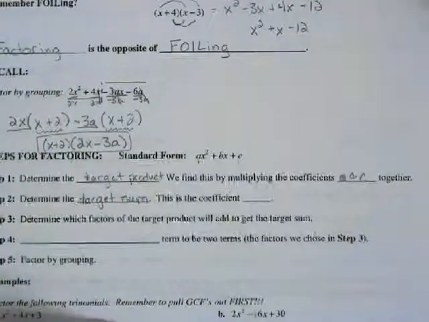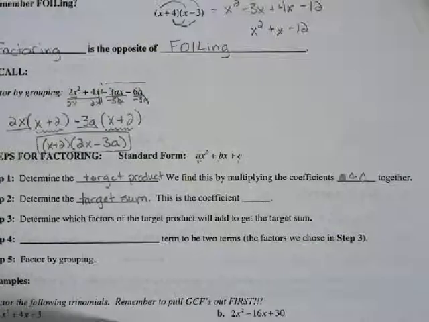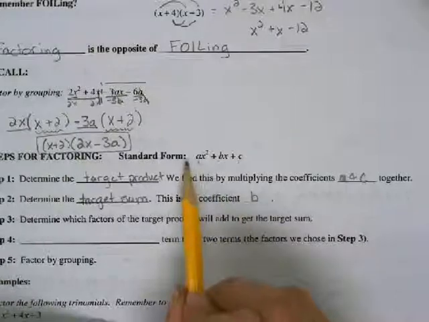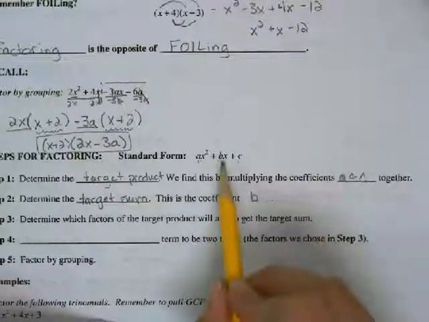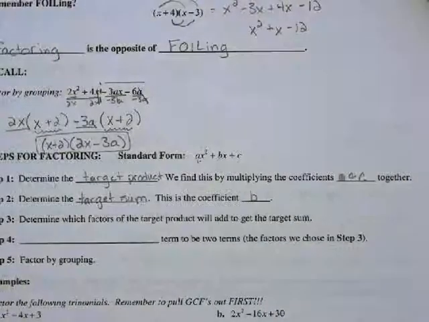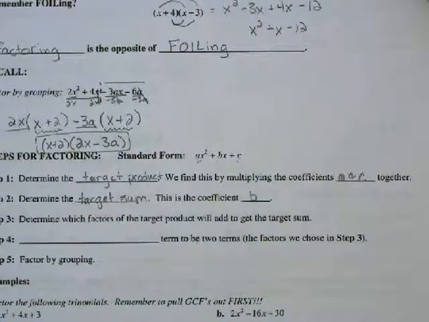Okay, the target sum. This is just the coefficient b. So going back to this, which is our standard form here, ax squared plus bx plus c, b is always the number sitting in front of the x, just the x, not the x squared. Okay, so that's what we call our target sum.